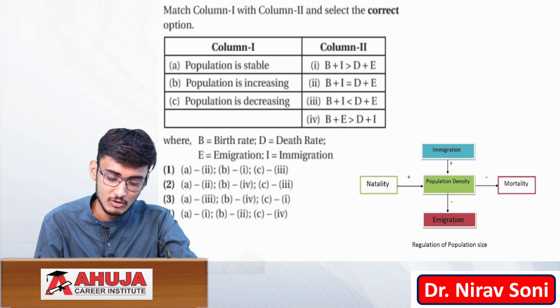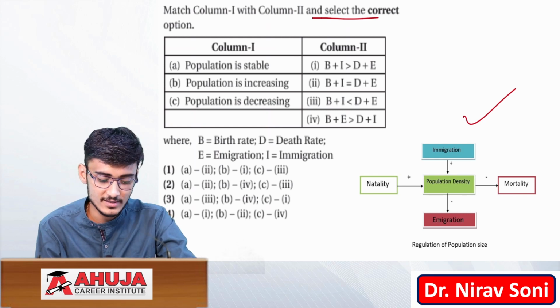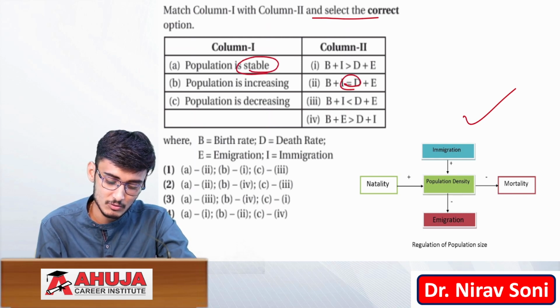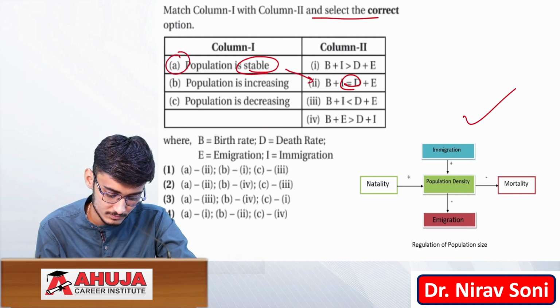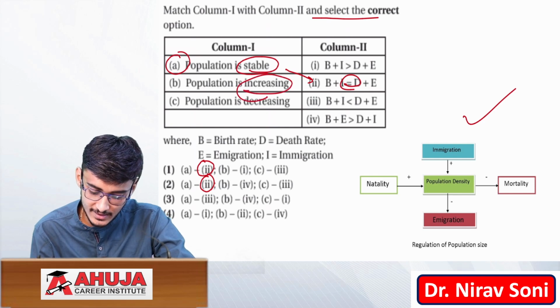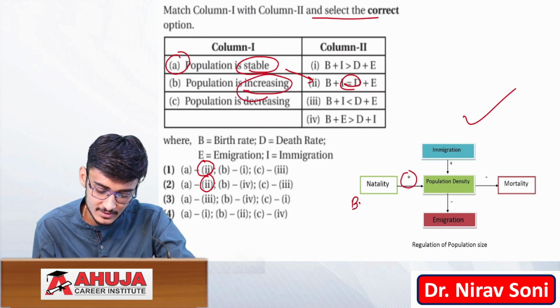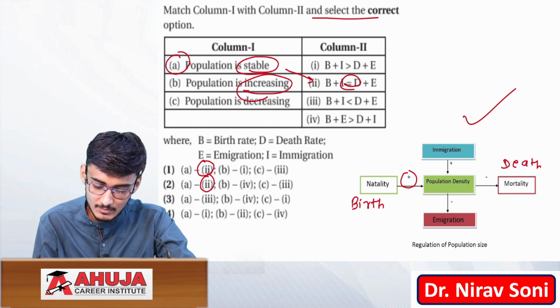Match column 1 and column 2. You can find the figure. Population is stable, so stable is equal to 1, which is A containing 2. Population is increasing. Why? Natality is increasing, this is called birth. Mortality, this is called death. Immigration, population is increasing.